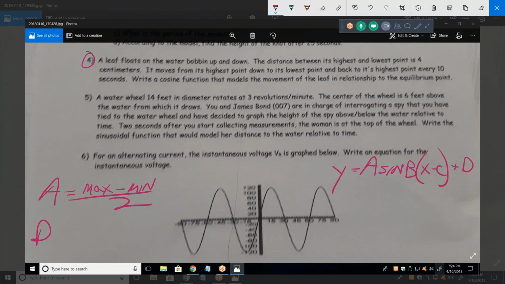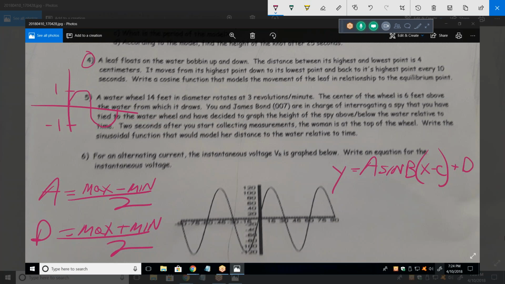And D is the max plus the min all over 2. How did I figure that out? Well, I know A in my basic model is 1. Well, how would I get 1? I would take 1 minus a minus 1. I would get 2. I would divide it by 2. I would come up with 1.